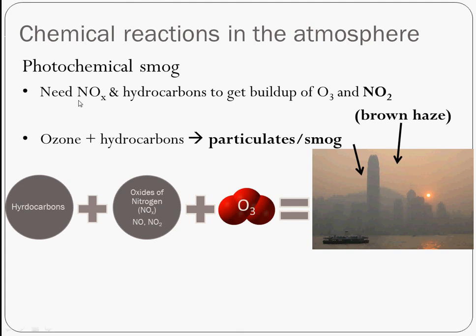So we do need the NOx and the hydrocarbon to get a buildup of ozone and nitrogen dioxide. And nitrogen dioxide is actually a brown colored gas, so that's what gives you this brown haze. But it's the ozone plus the hydrocarbons that give us sort of the particulate smog component. So you need all three of these things to really make the really dense photochemical smog that you might see around LA or in parts of China.